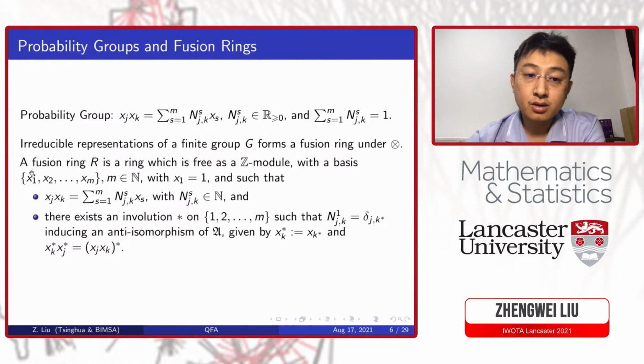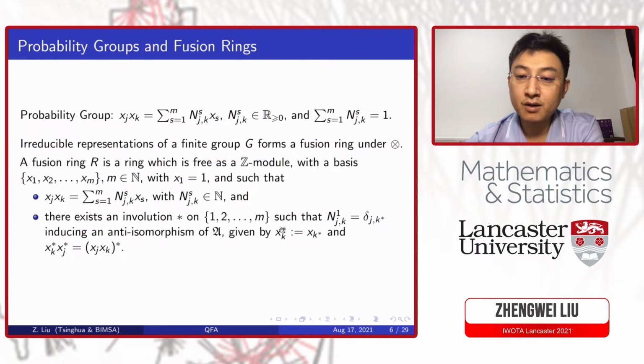In general, the abstract definition of the fusion ring is the following. It has a basis x1 to xm of a Z-module, and x1 is a unit in this algebra. And the multiplication of two elements is a sum of elements in the basis with coefficients given by natural numbers.